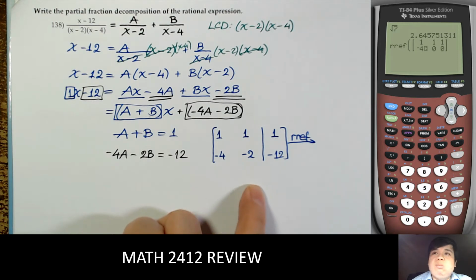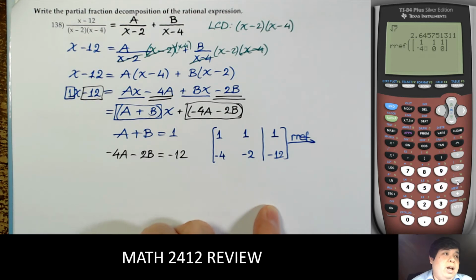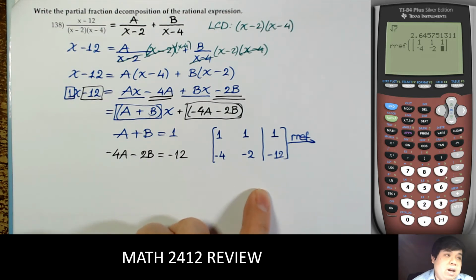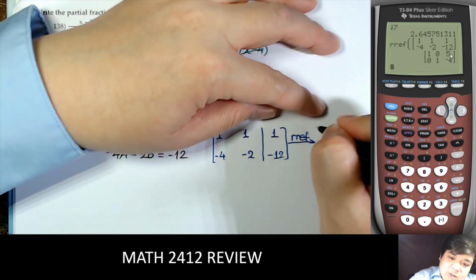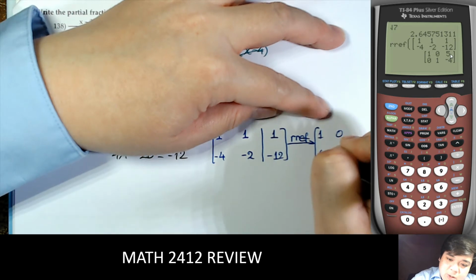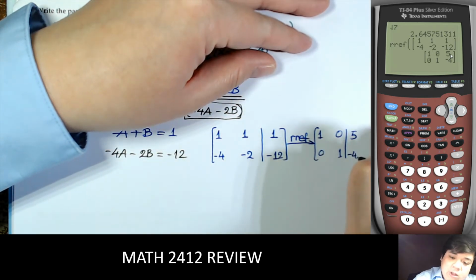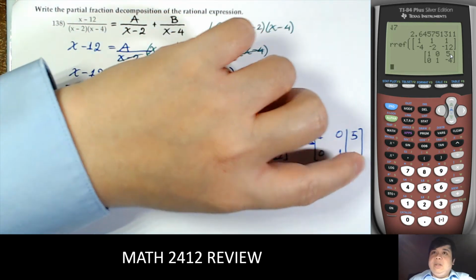Again, we don't hit enter at all, and don't use the subtraction sign, use the negative sign. So negative 4, negative 2, and negative 12. Then we get this. Let's write that real quick: 1, 0, 0, 1, 5, and negative 4. So that is A and that is B.